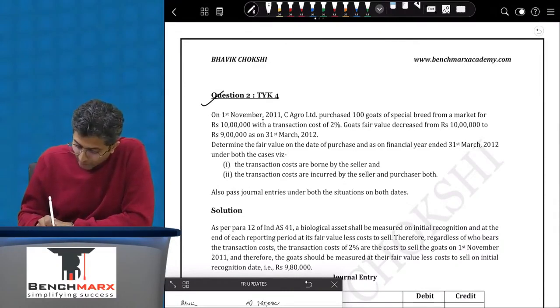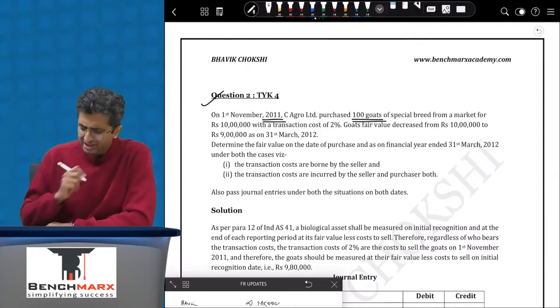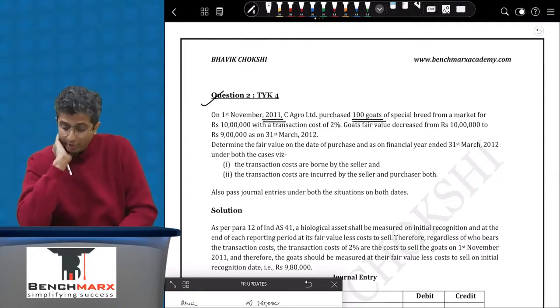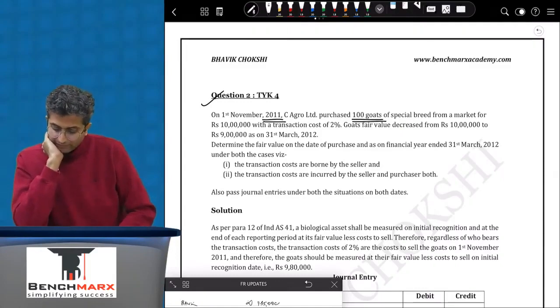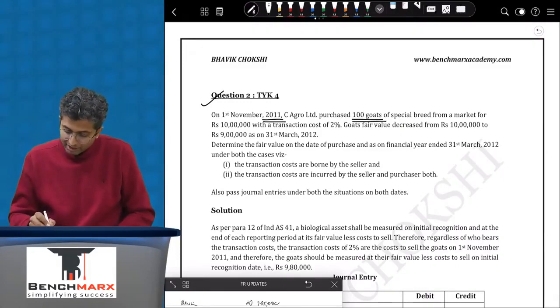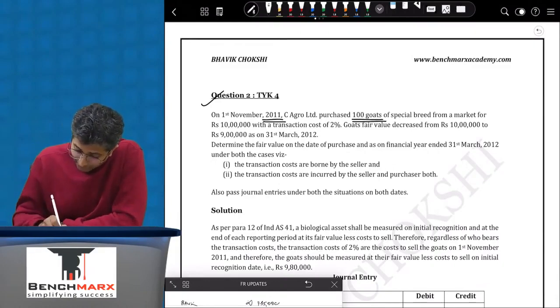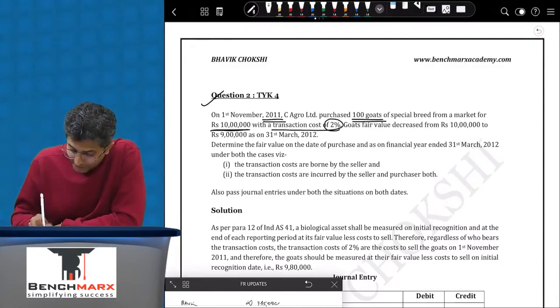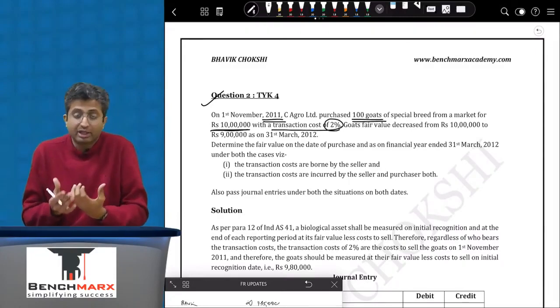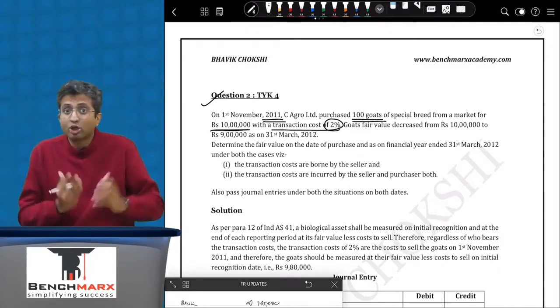On 1st November 2011, C Agro purchased 100 goats. I think this is a Jan 21 exam question if I am not wrong, but nevertheless, on 1st November 2011, C Agro purchased 100 goats of a special breed from the market for 10 lakh rupees. This is what you have paid, with a transaction cost of 2%. But they have not told whether the transaction cost is paid by the seller, by the buyer, or by both.